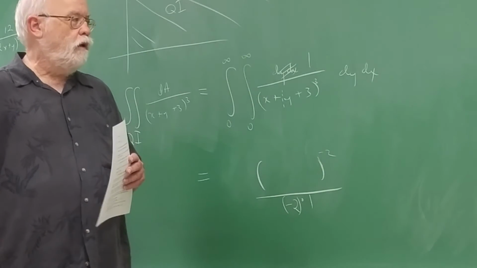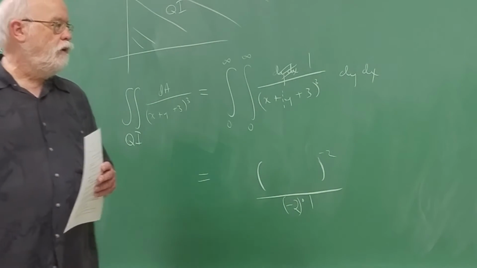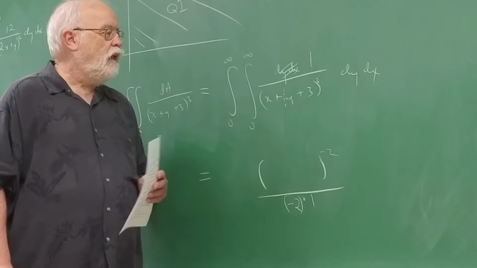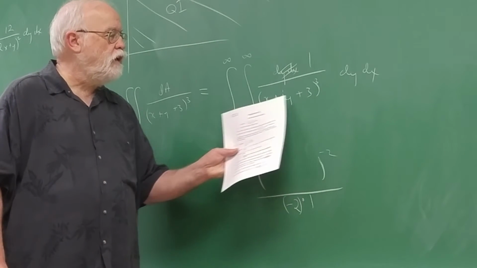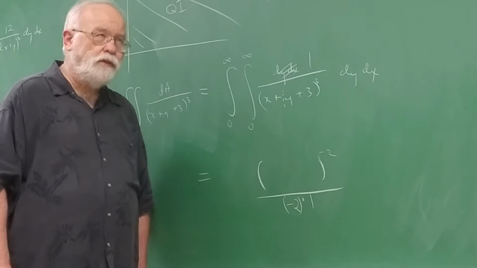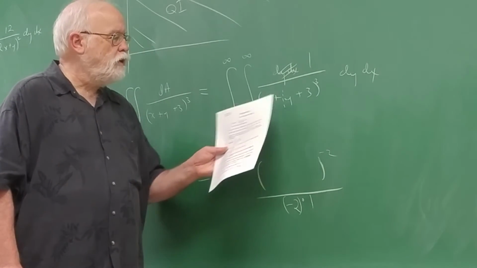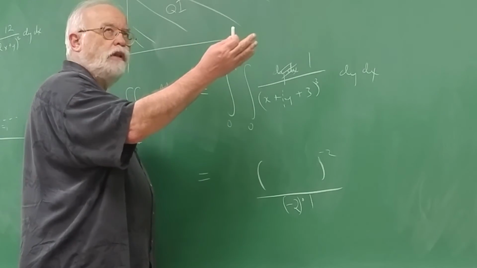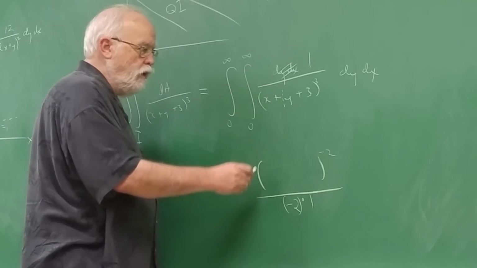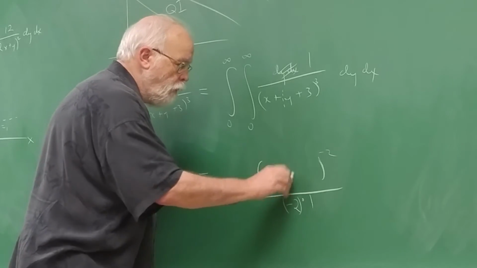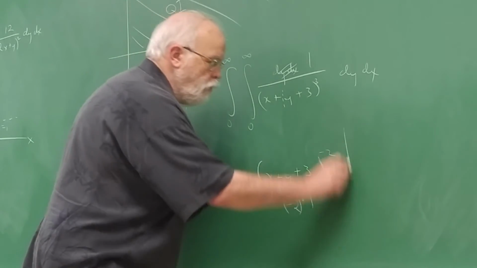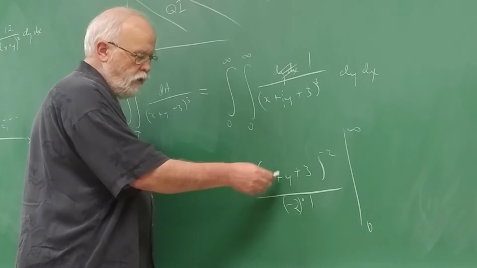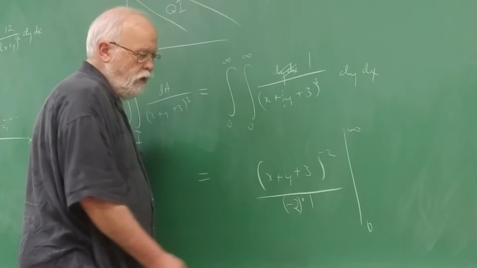What's the a? Nope. I have to account for all of this stuff. Oh, it's x plus 3. The a is x plus 3. And when you integrate a power of a linear, you get a power of the same linear. Then when we throw in 0 and infinity, well then, it's just going to drop that down to that.